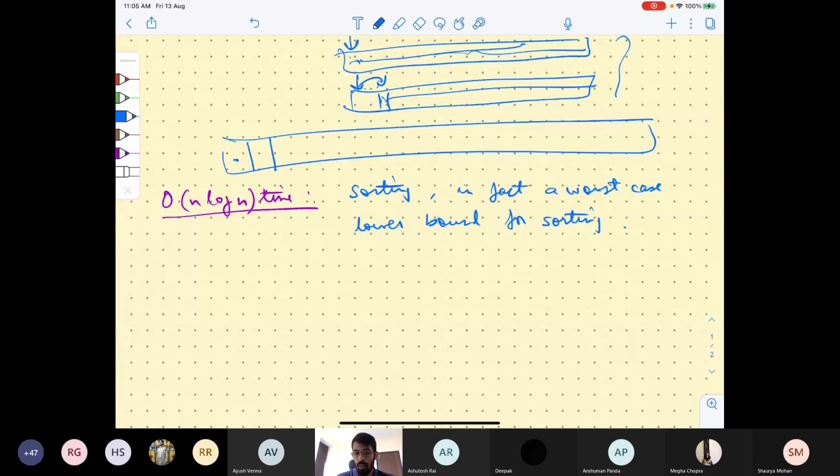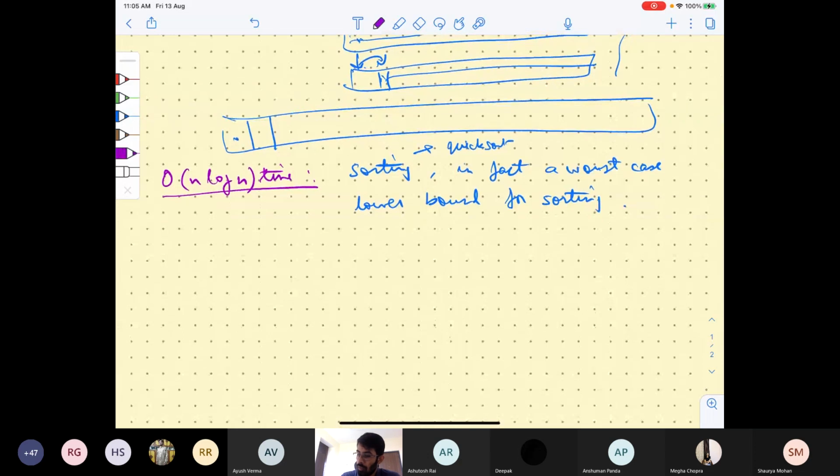You might have seen quicksort, and there are some others which run in either order n log n expected time or order n log n worst case time. Then we have quadratic time.